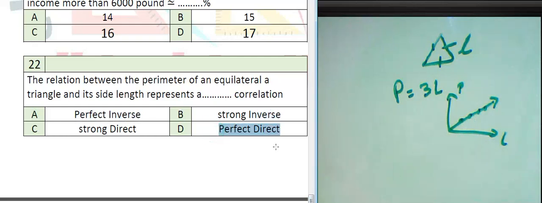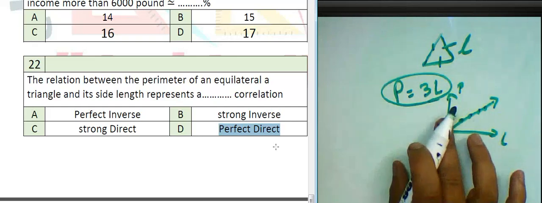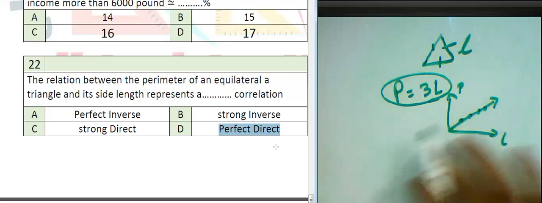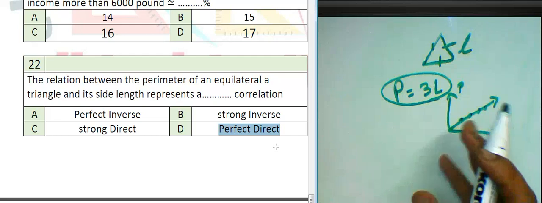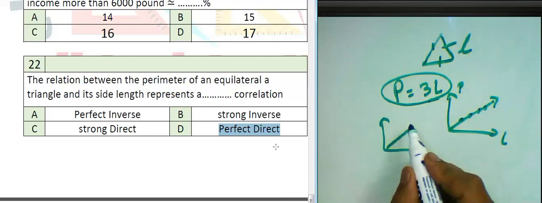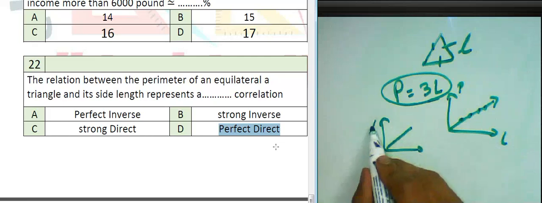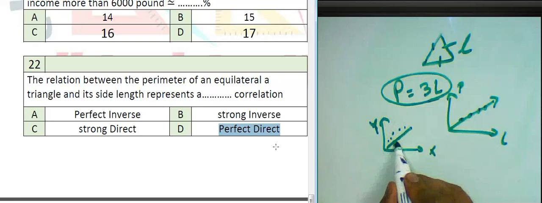Okay, perfect direct, because the relation between perimeter and length will be a straight line. So in any example, if you get a straight line, the relation will be perfect direct. What is the difference between perfect direct and strong direct? Strong direct is when the relation between x and y is drawn and all points are nearest to the straight line.